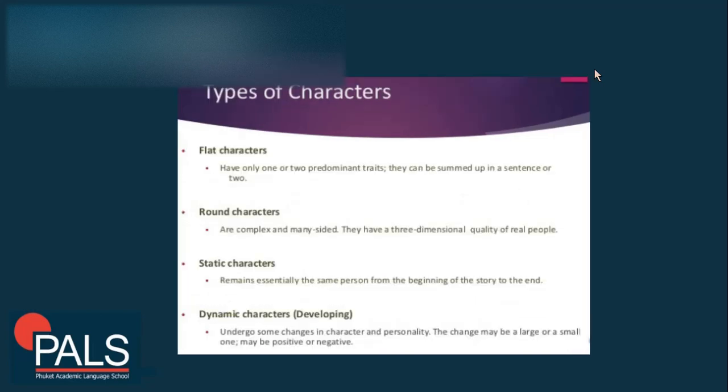Now, there are also different types of characters. We have flat characters. These characters have only one or two predominant traits. They can be summed up in a sentence or two. Usually in short stories, you will see this kind of character because the plot of the story is not that long for the character to be dynamic, which is what we will describe later.